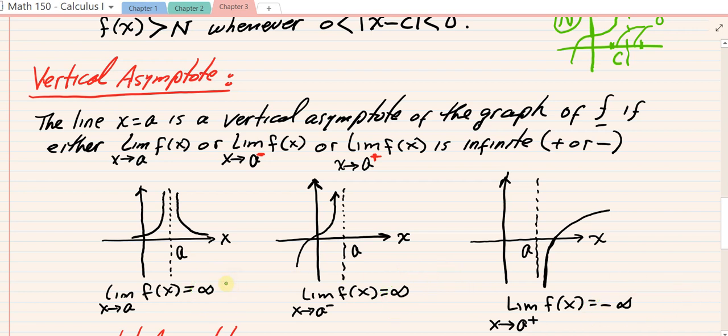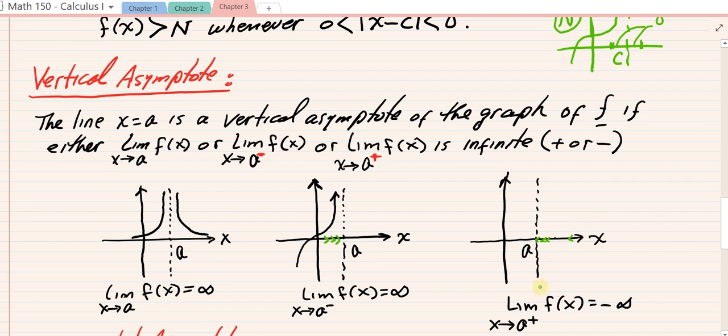So all of these limits do not exist, but we have more information about the behavior of the function. So as x approaches a from the left, the function gets very large in this case. And next to that, approaching a from the right, the function gets very small here.